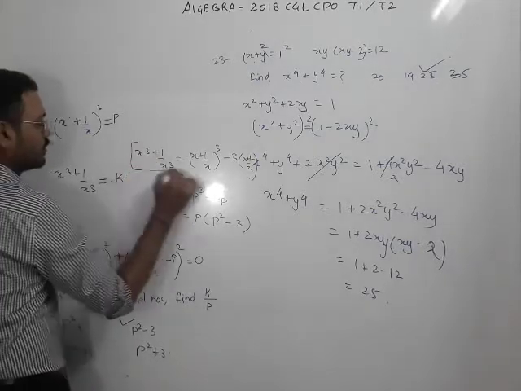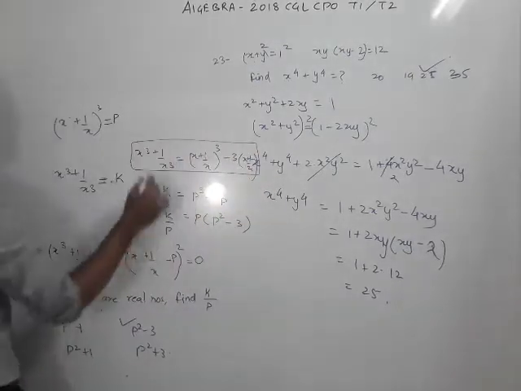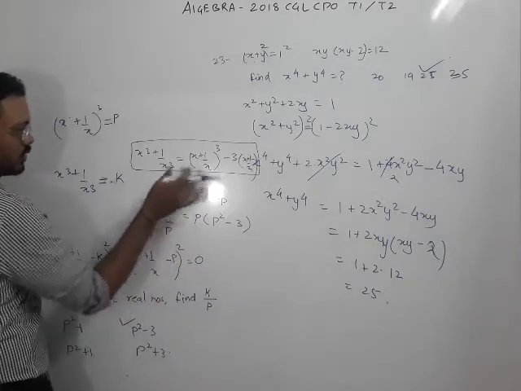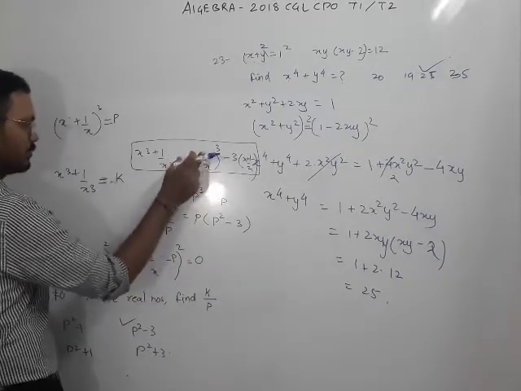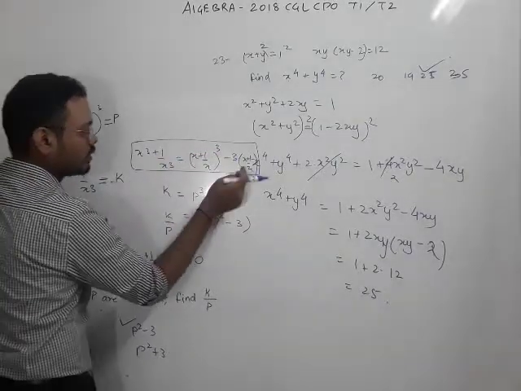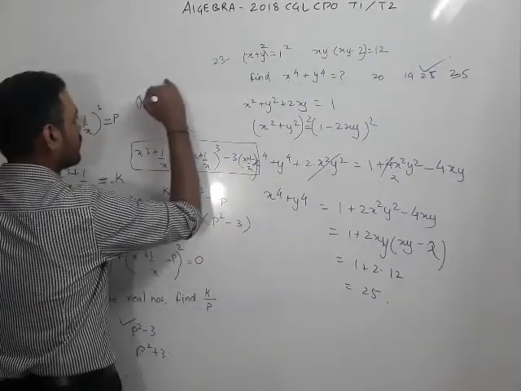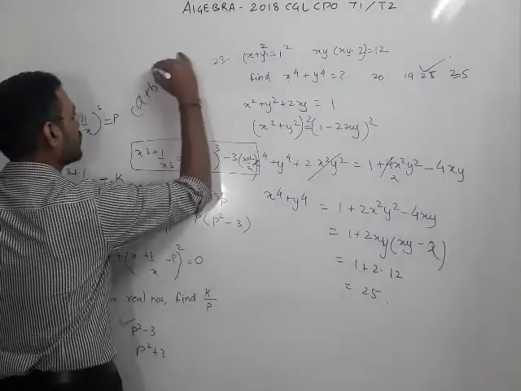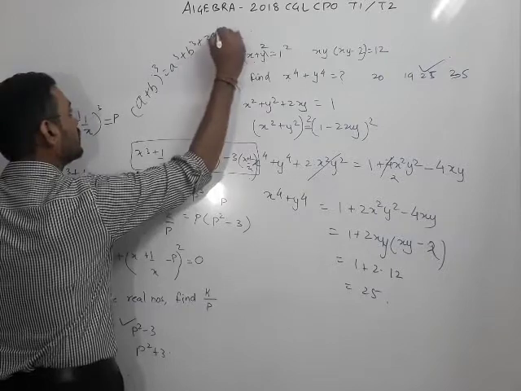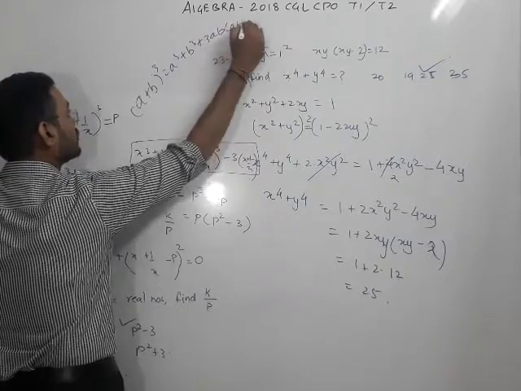If you remember, we have used this same formula in the previous sum. Actually it's not a formula to be remembered, it is a plus b the whole cube, which is a cube plus b cube plus 3ab into a plus b.